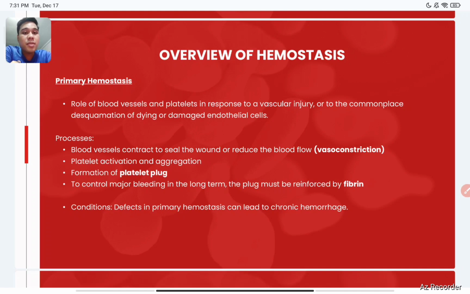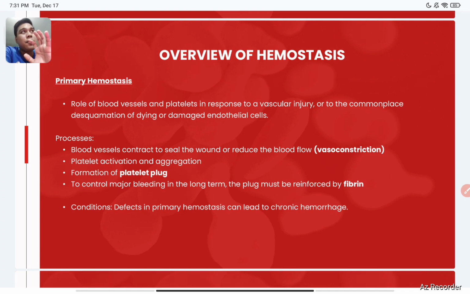So in the process, the blood vessel contracts to seal the wound or reduce the blood flow. So this is what you call vasoconstriction. After that, you will have platelet activation and aggregation, leading now to the formation of your platelet plug. For us to control major bleeding in the long term, the plug or platelet plug that has been formed must be reinforced by fibrin.